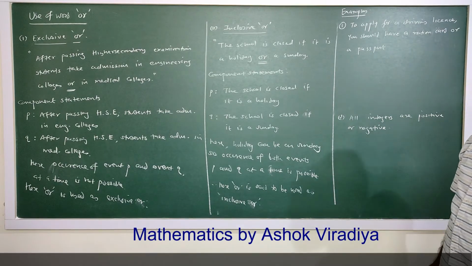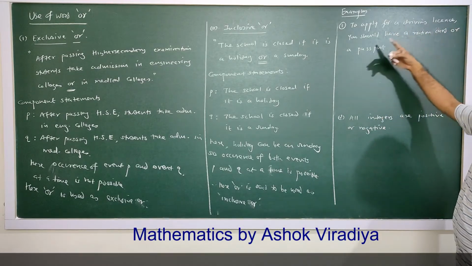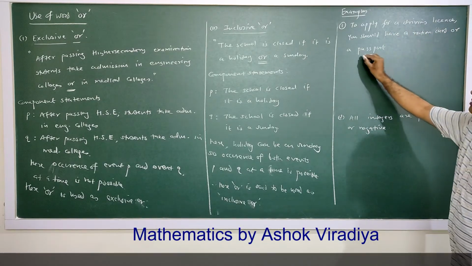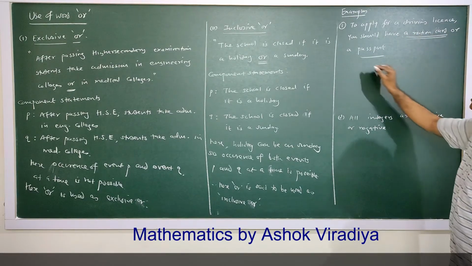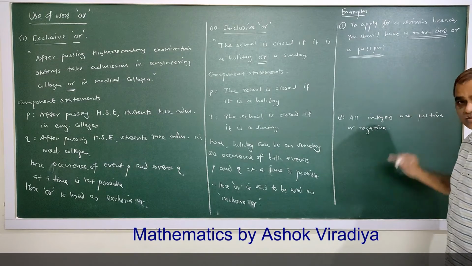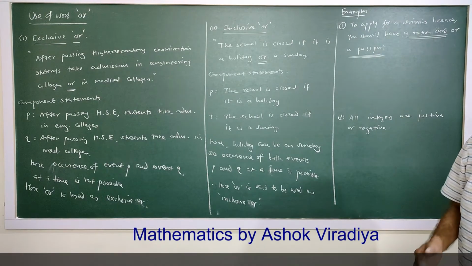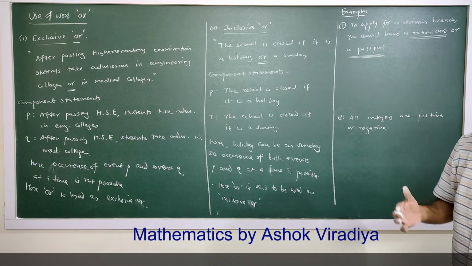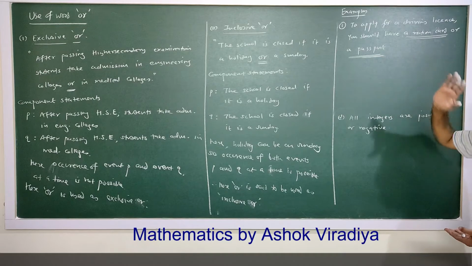Second component statement is, to apply for a driving license, you should have a passport. In statement P, ration card. In statement Q, passport. Now, many of us may have both a ration card as well as a passport.